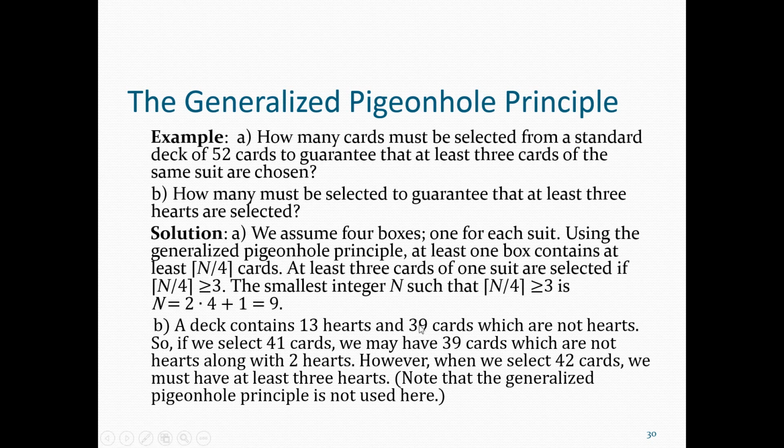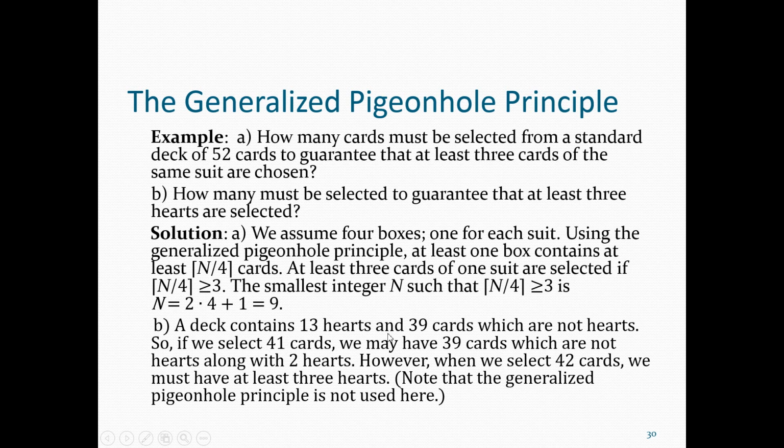While choosing the cards, initially we can have these 39 cards which are not hearts. So in order to guarantee that at least 3 hearts are selected, we have to choose 42 cards, 39 which are not hearts plus 3 which are hearts.